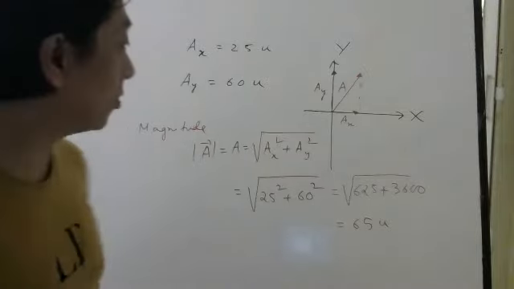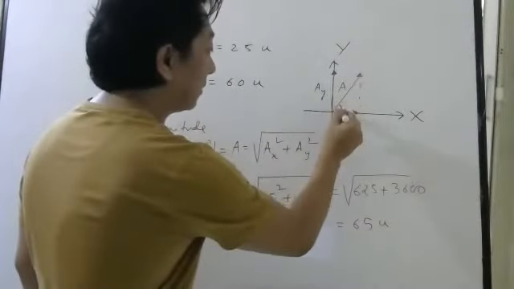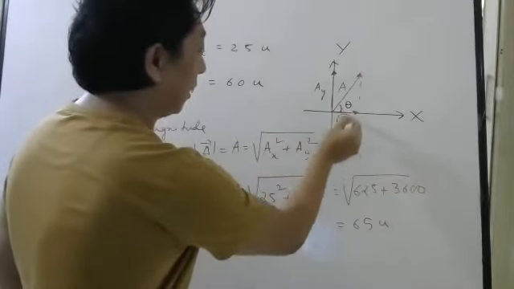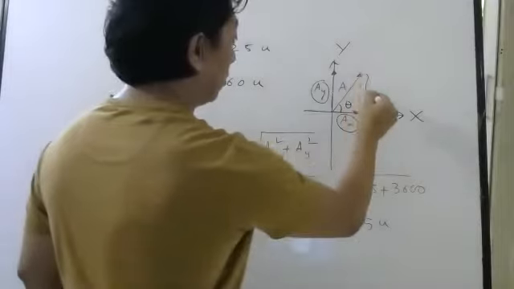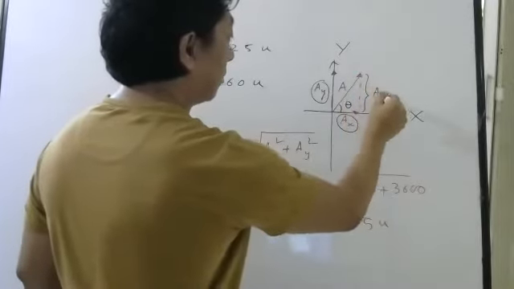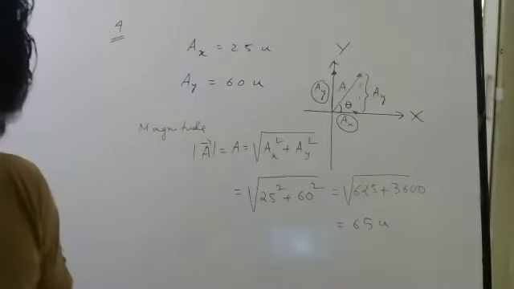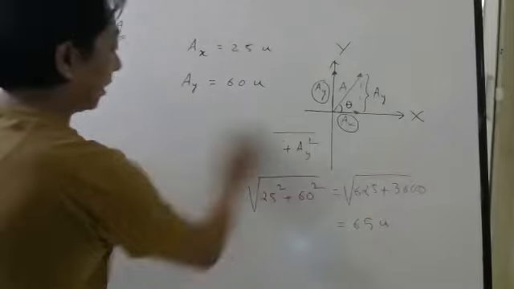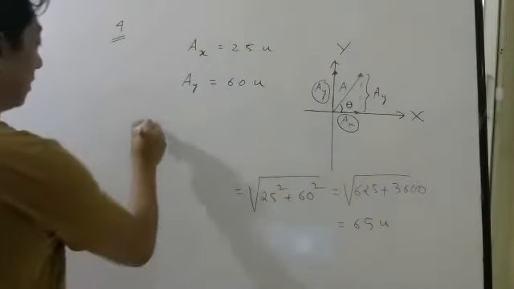Now they want also the direction of the vector. Direction means you have to give this angle. See, you already know the components. You know Ax, you know Ay. This is Ay, the opposite side. So what formula will I use? When I know opposite and adjacent, should I use tan theta or sin theta or cos theta?